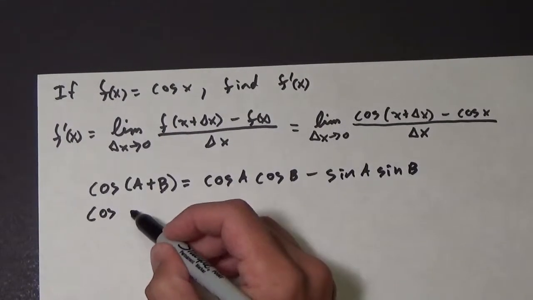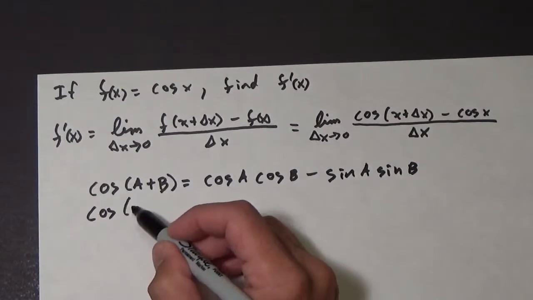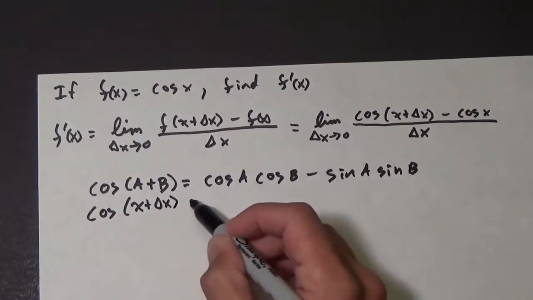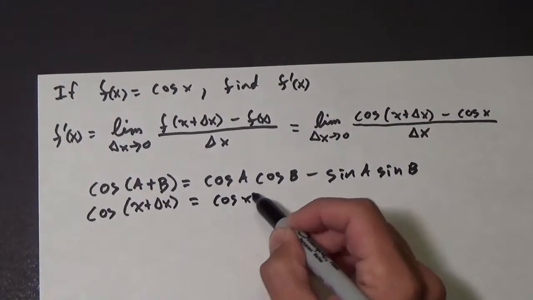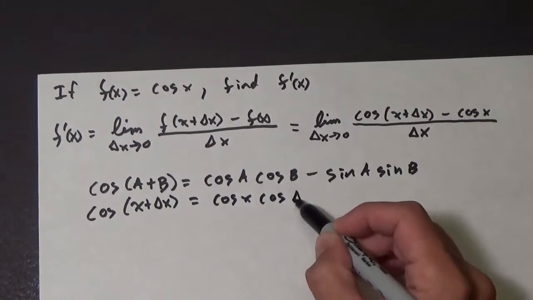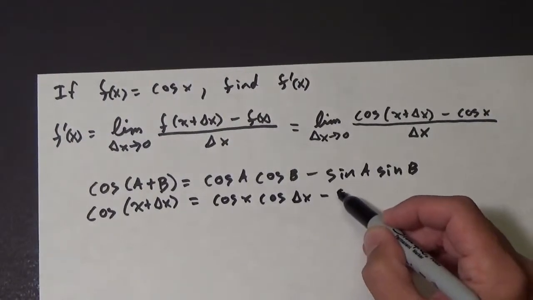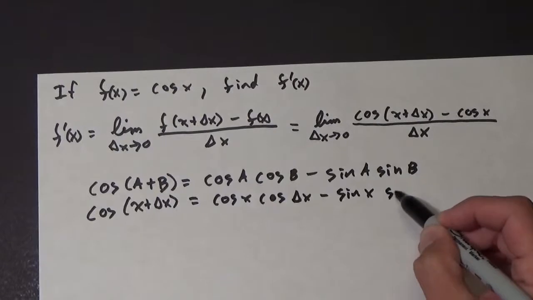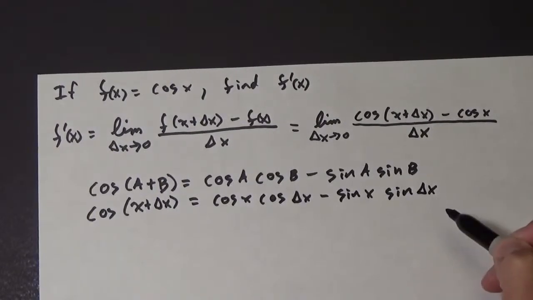That means the cosine of x plus delta x is going to be the cosine of x, cosine of delta x, minus the sine of x, sine of delta x.